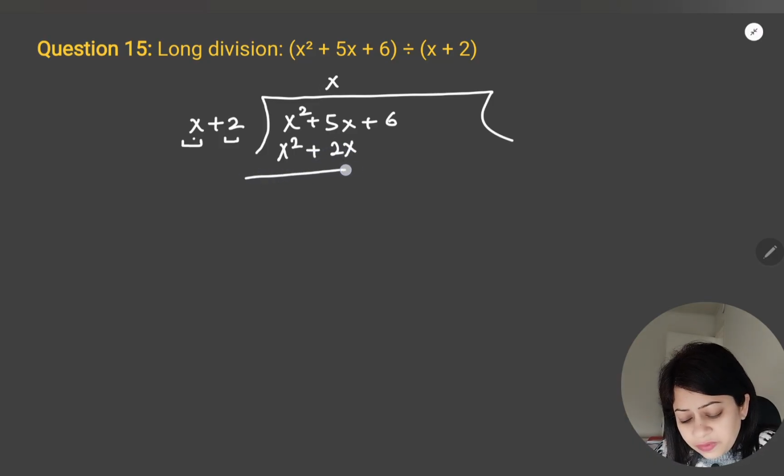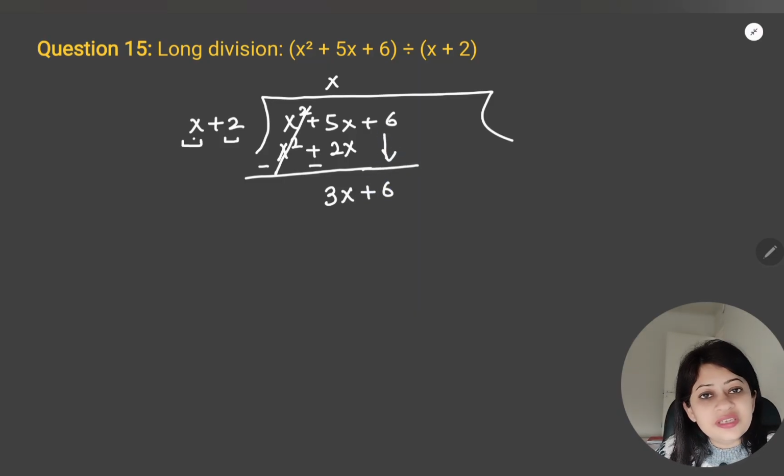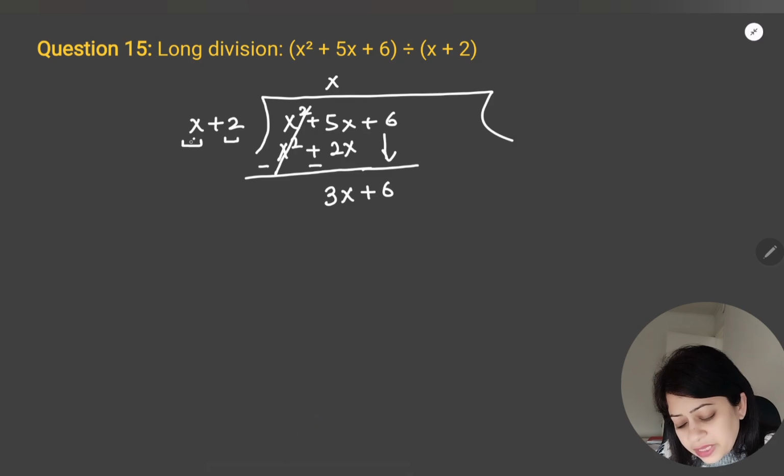Okay. Then we will subtract. Subtract this and this, cancel out. What is 5 minus 2? 3x. And then this plus 6 we will write here. Now, next thing you will see, what should I multiply this x with to get 3x? Multiply x with 3, you will get 3x.